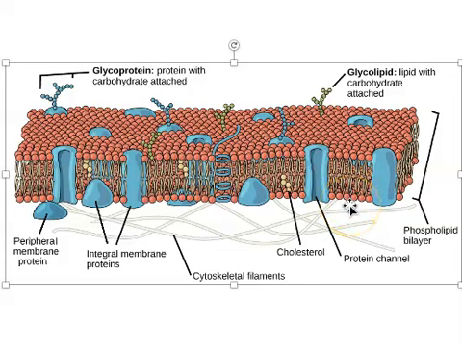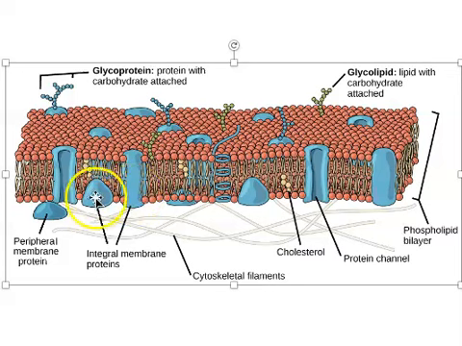The proteins that are found in the membrane are drawn in blue. Some of them have been cut in half so we can look inside of them. You can see that some of these proteins cross one layer or the other. Some of them go all the way across both layers, and some of them sit only on one side or the other.